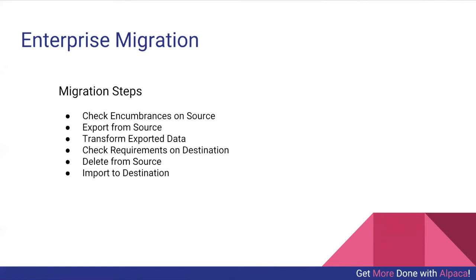So that's what an encumbrance means. They're the things that would keep an object anchored at the source, making it so that if you moved it, you would break things. And that's one thing that we try real hard to avoid, is leaving things in a broken state.